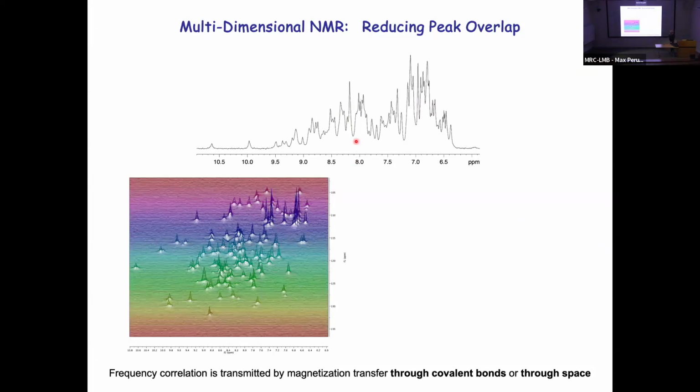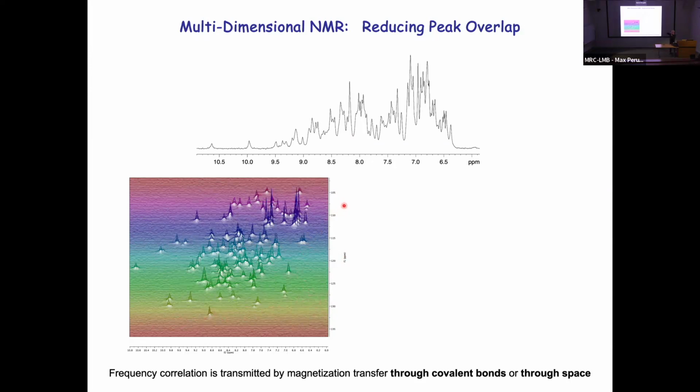In this particular example, it's actually exactly the same spectrum, except in this lower trace we have the frequency evolution of the hydrogen nucleus along the horizontal axis, and we spread them out into the vertical axis according to the frequency of their directly bonded nitrogen-15.